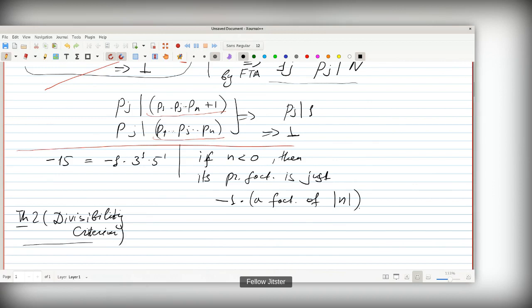Divisibility criterion. For any integers a and b, let us exclude 0 from our consideration.